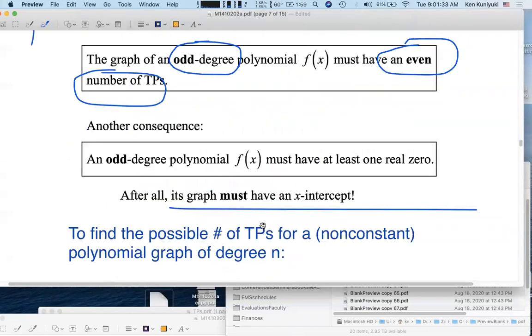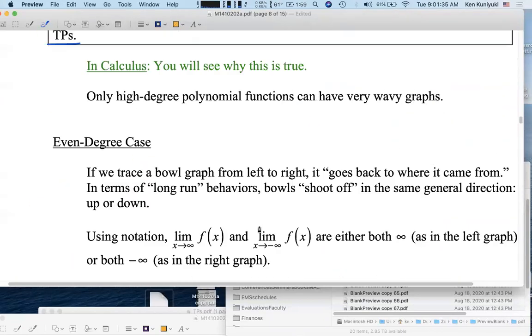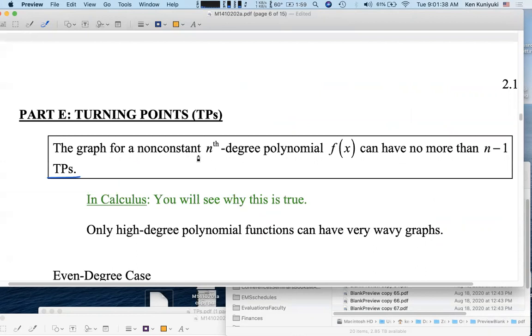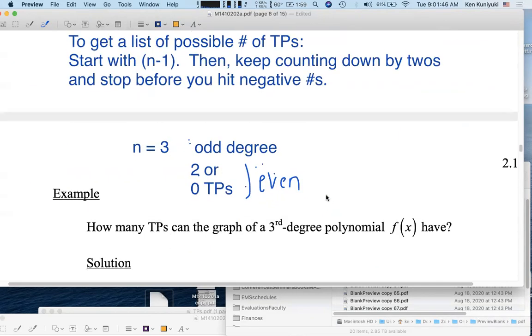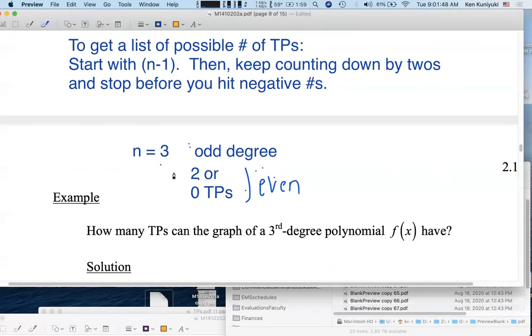And remember our rule from up above. Remember that for a non-constant nth degree polynomial, you can have no more than n minus 1 turning points. N minus 1 is the maximum possible. So when you list out the possible numbers of turning points, you start with n minus 1, the degree minus 1, and you count down by 2s. And of course, you cannot have a negative number of turning points.